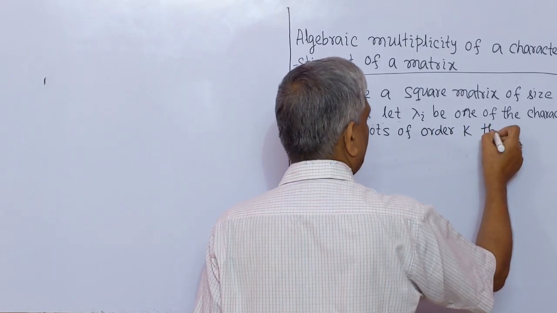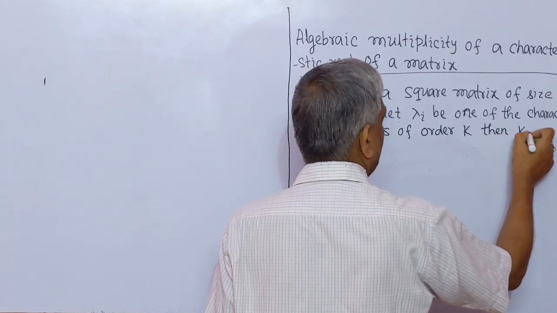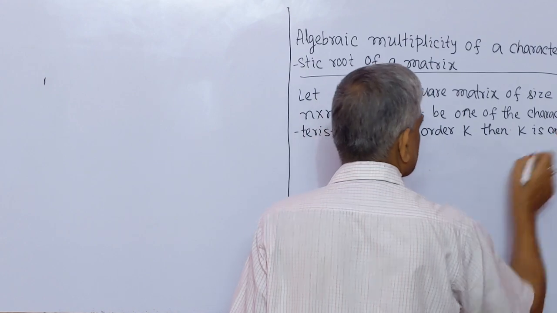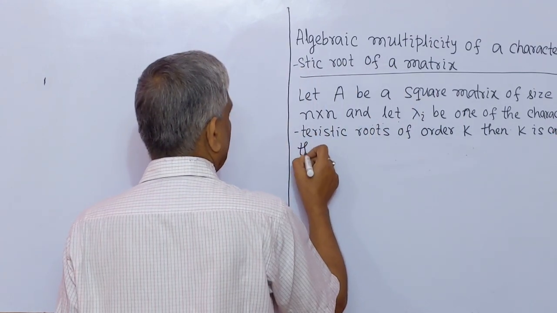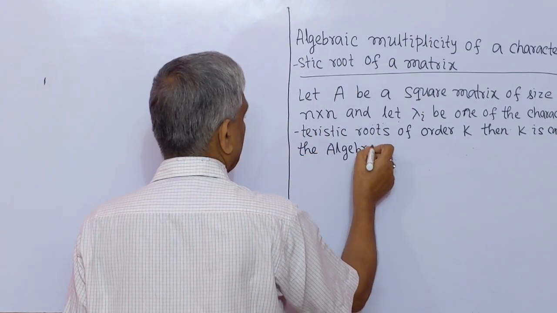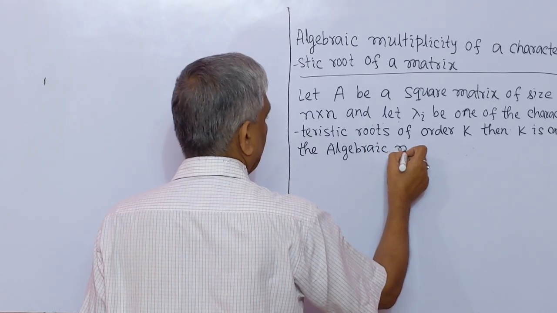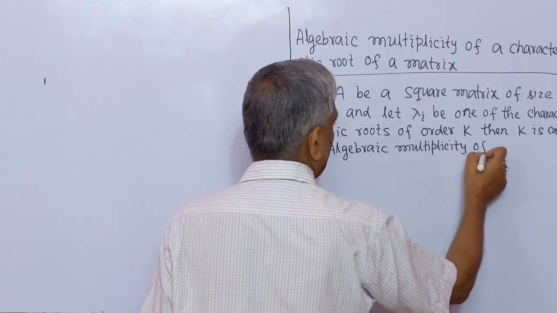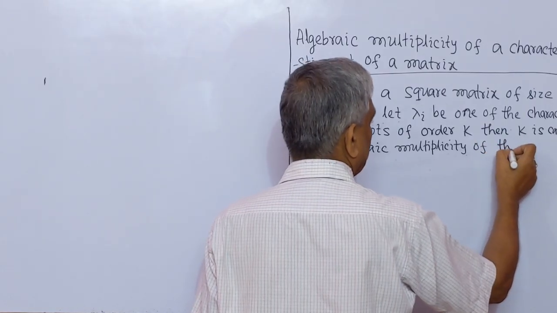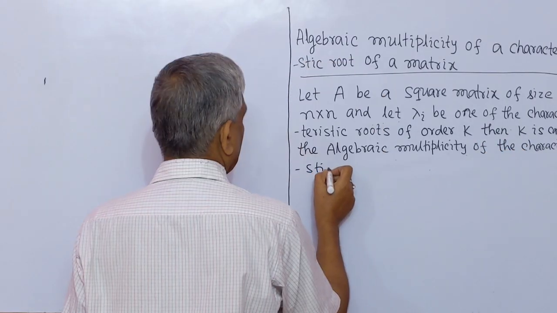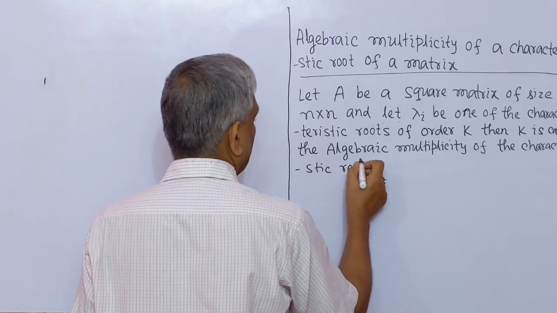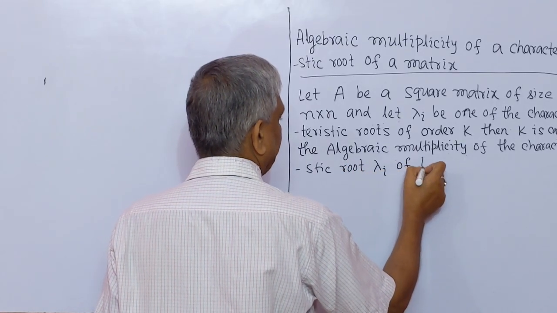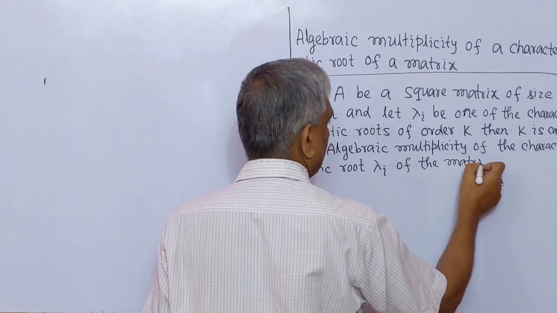Then k is called the algebraic multiplicity of the characteristic root lambda i of the matrix A.